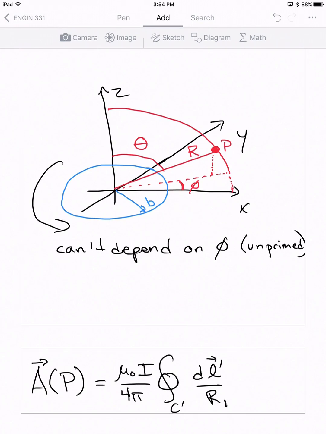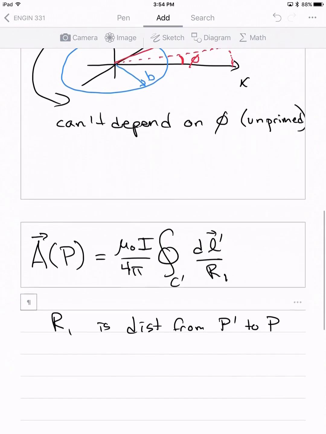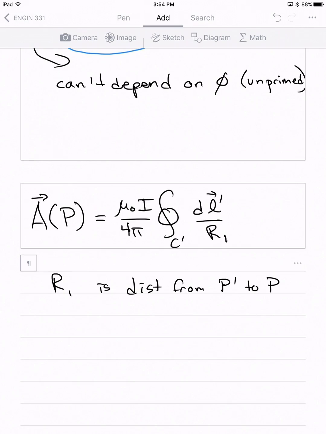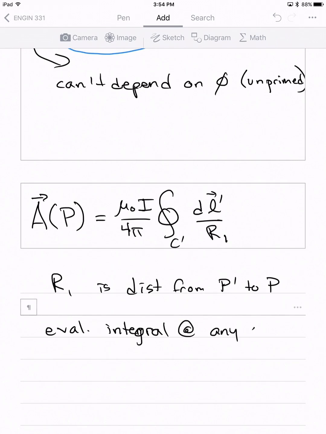That means we can evaluate this integral at any particular location in phi, and then generalize to say that it's true at all locations in phi. So evaluate the integral at any phi, then generalize.